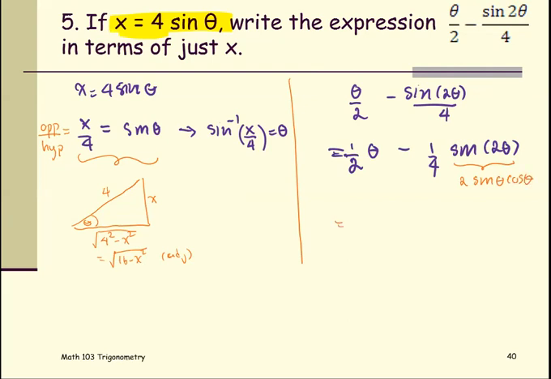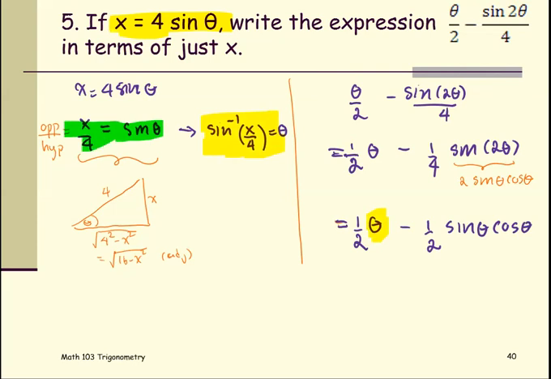That means our expression that we're going to replace with terms in x will be 1/2 times theta minus 1 over 4 times 2, which becomes 1 over 2 times sine theta times cosine theta. In the prep work, we know that the angle theta is inverse sine of x over 4. The sine function is x over 4.